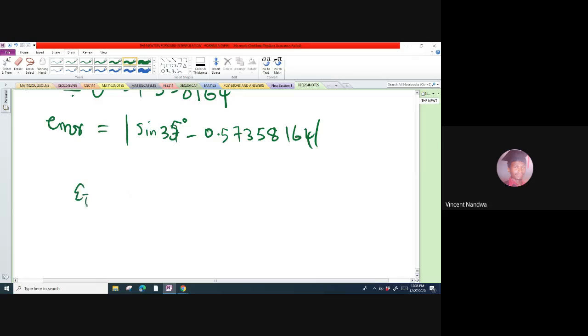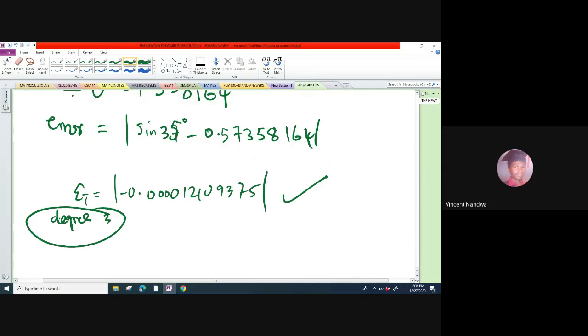So truncation error will be given by negative 0.000121099375. So the fourth term becomes the truncation error.